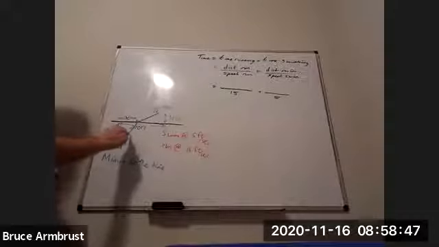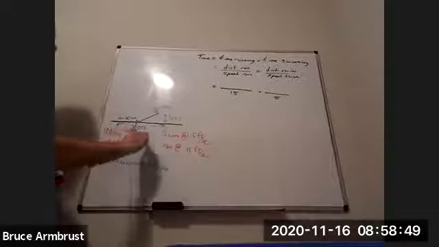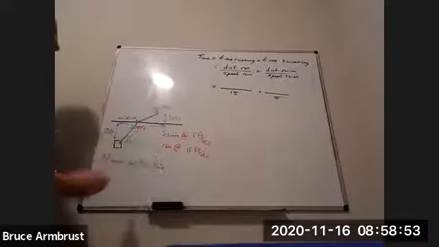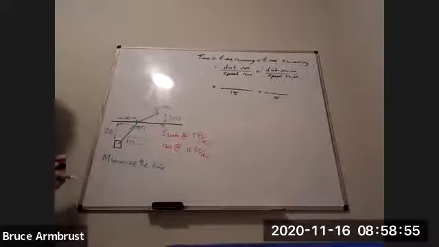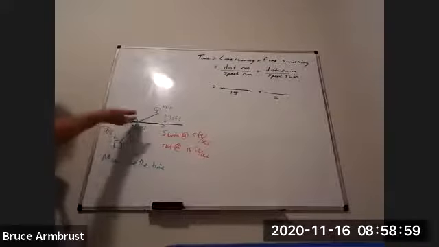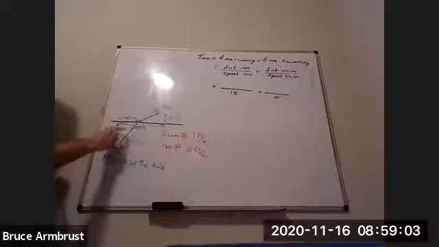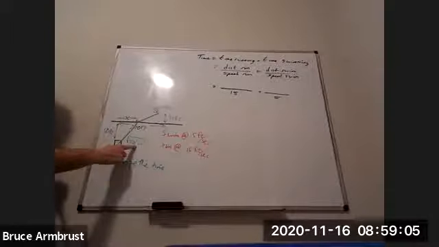So this distance right here, from the Pythagorean theorem, is going to be the square root of 50 squared plus x squared. If you tell me how far down the beach she's going to hit the water, that distance, I plug that in here.